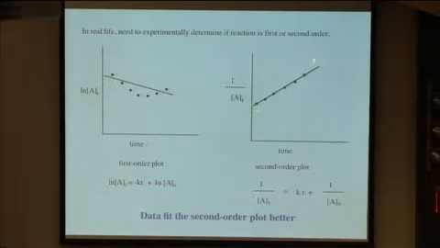And you could plot your data and see that, oh, look at this, it fits a straight line really well if I plot it as 1 over the concentration. If I plot it as the natural log versus time, the data doesn't fit a straight line at all. So this is not a first-order process. This is much more consistent with a second-order process. So again, figuring out whether something is first order or second order is done experimentally.